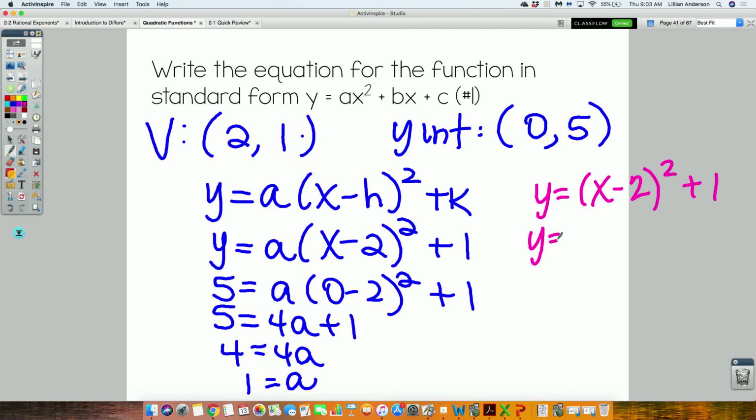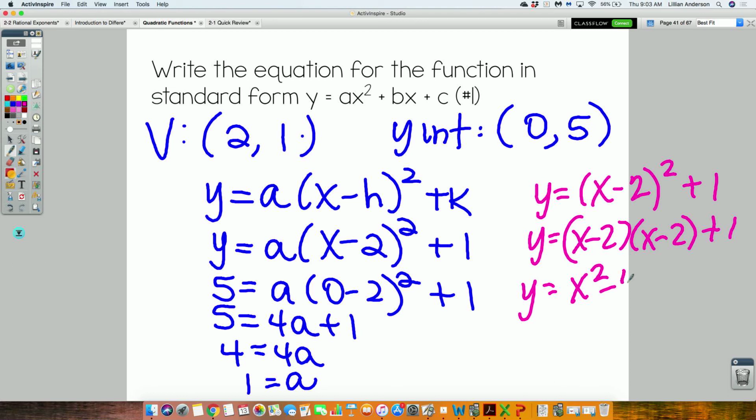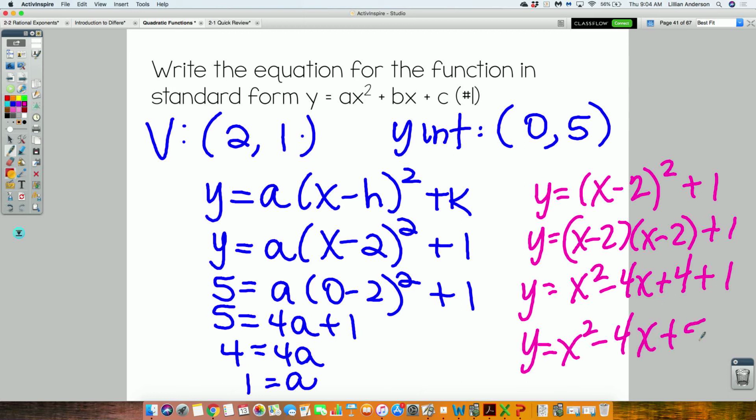I'll complete the square if I'm trying to go from standard to vertex, but I need to FOIL to get from vertex to standard. So this becomes (x minus 2) times (x minus 2). Do not forget about that plus 1 on the outside. x squared minus 4x plus 4 plus 1. When I add the 1, it gives me the final equation of x squared minus 4x plus 5.